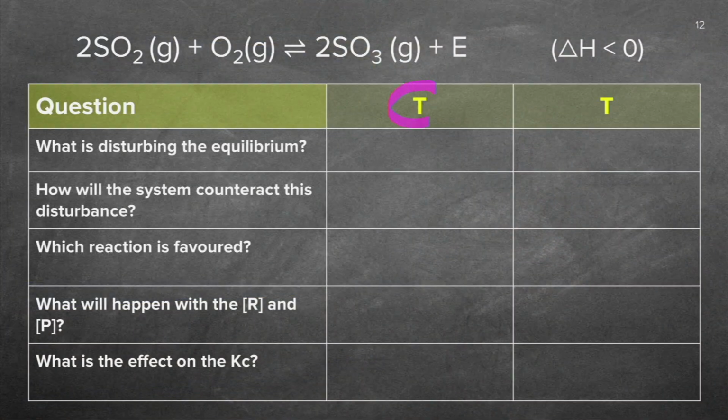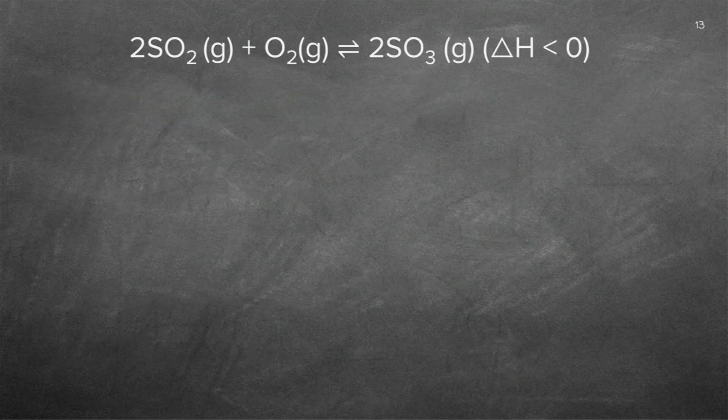If I work with temperature, I need to know, is this an exothermic or an endothermic reaction? Now, if you have a look at this, there's the indication. Can you remember? Delta H, the enthalpy, is smaller than 0. Now, I'm quickly going to draw that little graph that we did in the previous lesson.